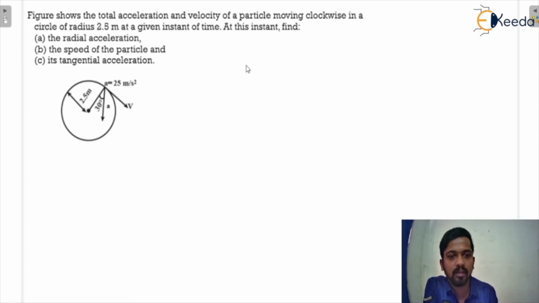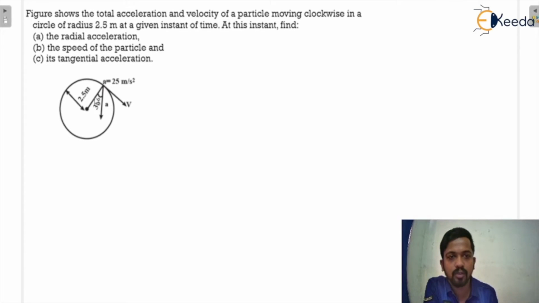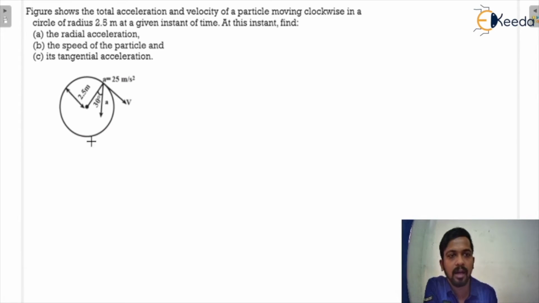Normal acceleration is along the radius and towards the center, always. Tangential acceleration is tangent to the surface of the circle. Now we are going to calculate the radial acceleration. Normal acceleration is also known as the radial acceleration.